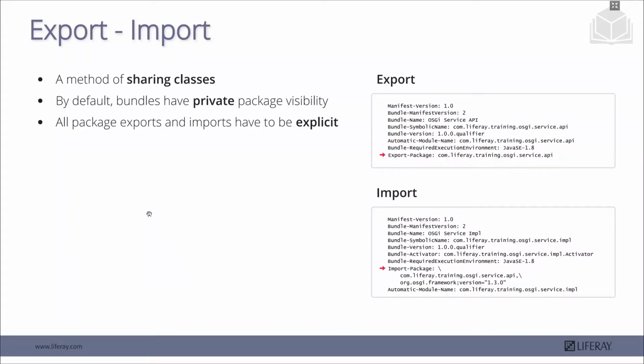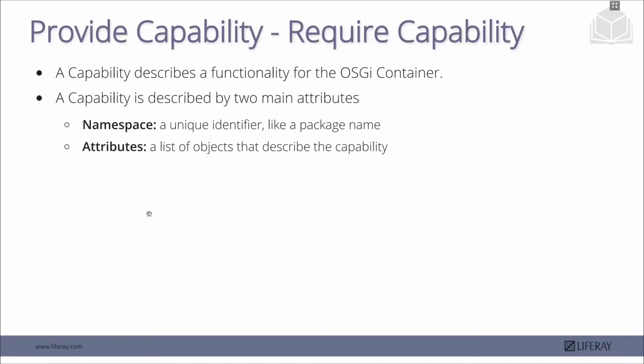We're saying I am exporting this package, Liferay training OSGi service API, to the OSGi container. Any other bundle is able to import it. And so we see down here on the next part, we can import that specific package. These are all defined within the manifest file. From there, let's go ahead and take a look at the next methodology, the next way of sharing features.